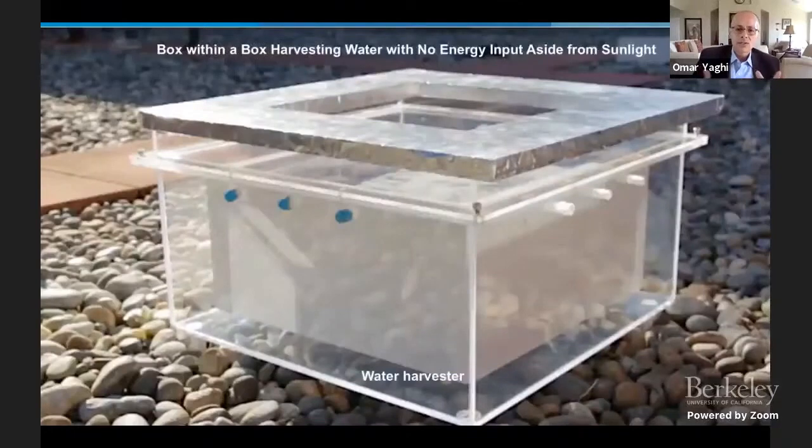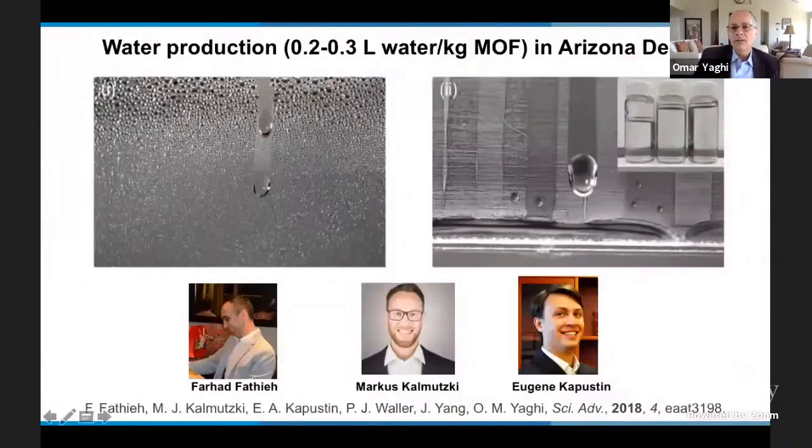This is what this water harvester looks like. It's a plexiglass box on the interior and the larger box on the outside. They're both made from plexiglass, very cheap, easy to make. The box inside has the moth, and the box outside collects the water. This is the experiment that we have run in Arizona using 1 kilogram of moth.